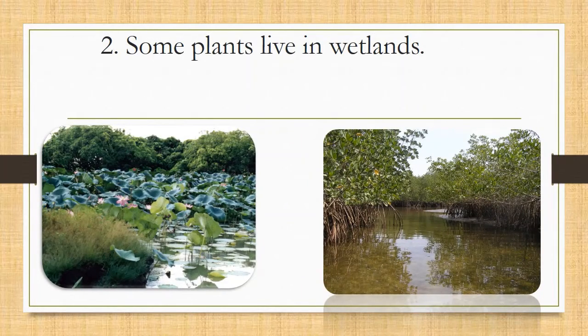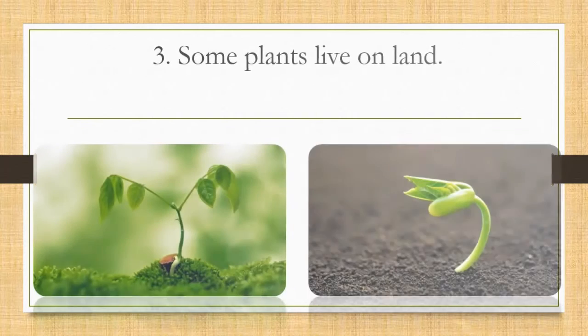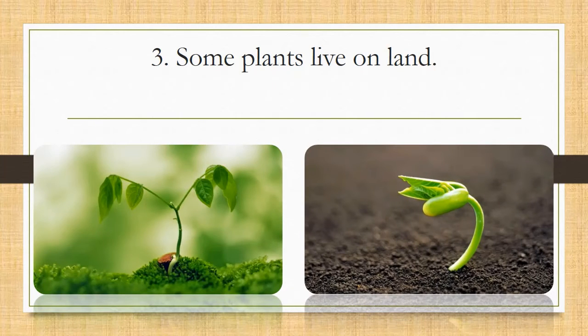Some plants live in wetlands, land that is filled with water. And in some places, plants live on land, regular land, land with healthy soil, not wet, not dry.